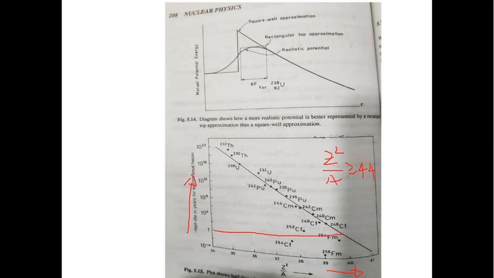So that would be somewhere here. So you can draw a cutoff that all these elements here would not be existing because they satisfy this limit. This is the explanation. So let me sum up the achievements of the liquid drop model.